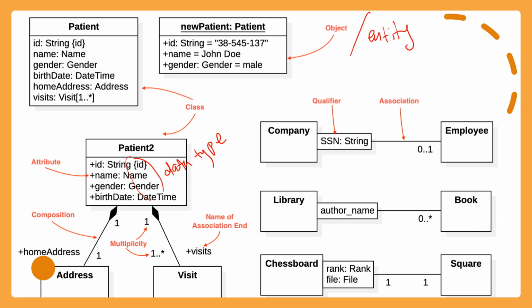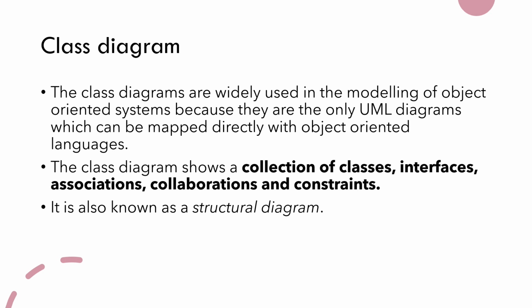The attributes, the composition, the cardinality and also the degree are all the same. They also have many to many and many to one, the degree of the relationship itself.